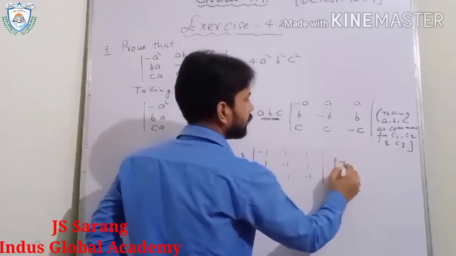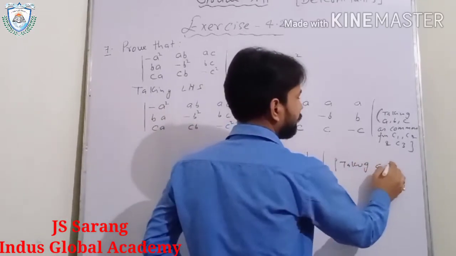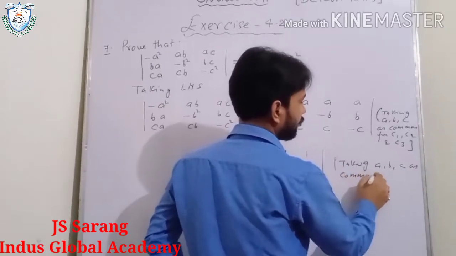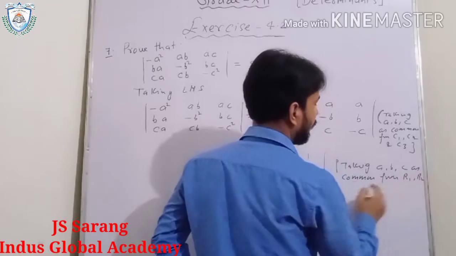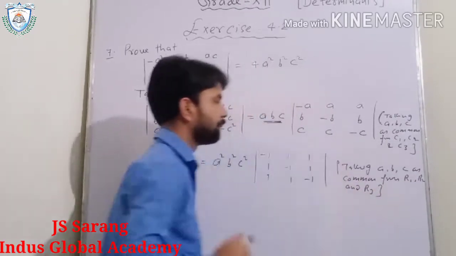What you have to write? Taking abc as common from R1, R2 and R3.